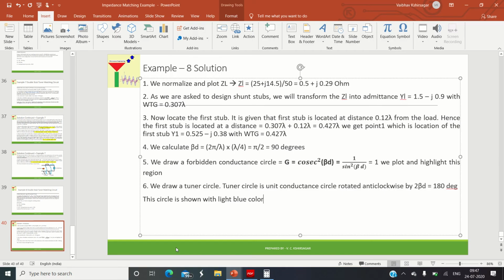So here I will write the theory: now start tracing the constant conductance circle passing through y1 in clockwise direction till we intersect the tuner circle.